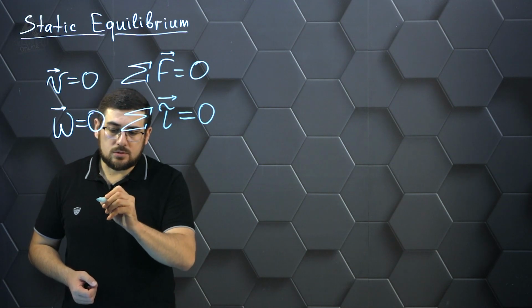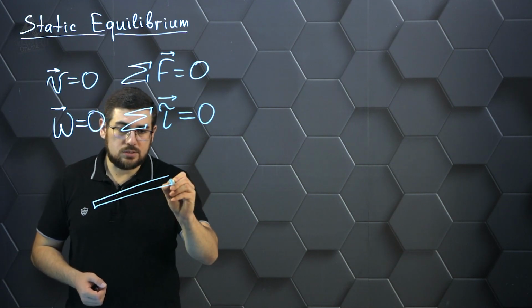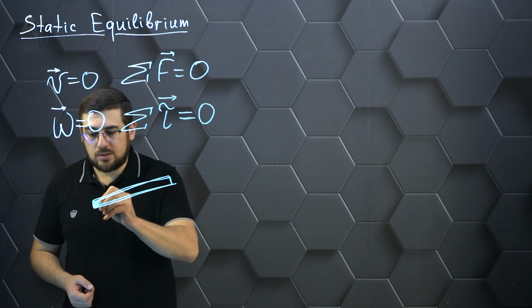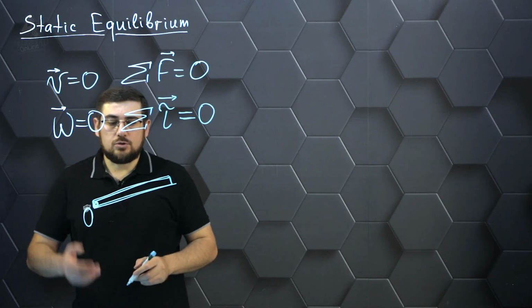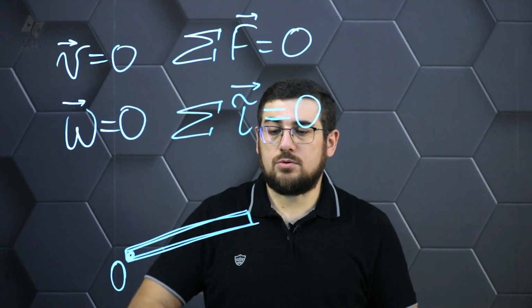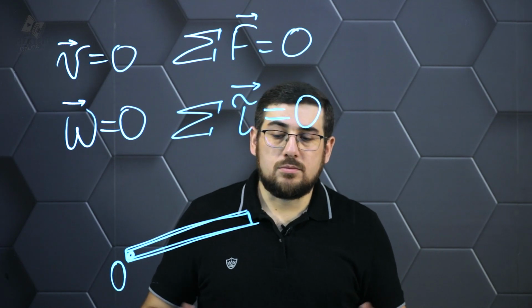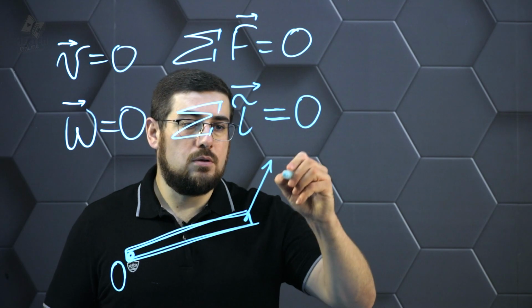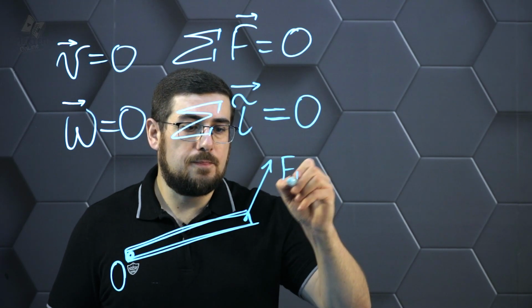Let's look at a case where we have a certain part that's fixed at point O, and so it can rotate in the vertical plane. And let's say we're acting at a certain angle to this part, and let that force be F1.